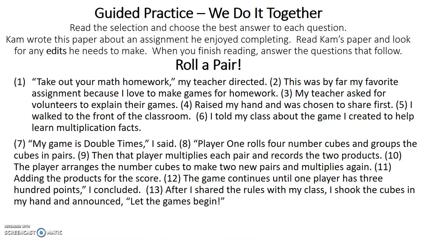So the appropriate transition word would be finally, and then player 1 is the subject. Finally, player 1 finishes the turn by adding the products for the score. Okay? Adding the products for the score remains your complete predicate, and we're going to add a complete subject phrase.